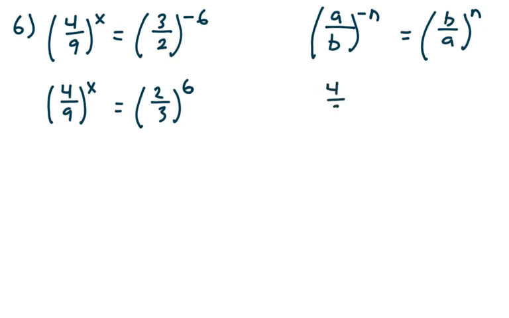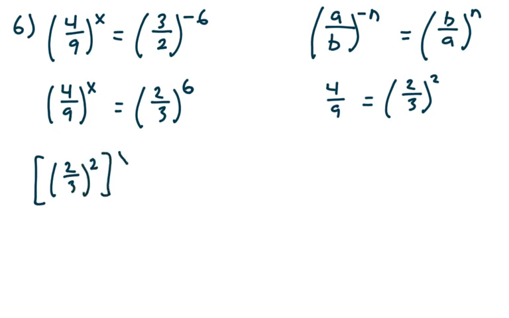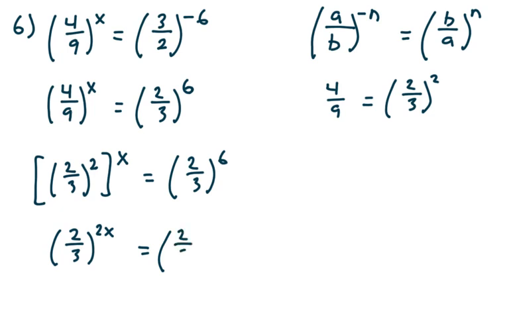Now, 4/9 is equal to 2/3 raised to the 2nd. So I'm going to get 2/3 raised to the 2nd to the x is equal to 2/3 raised to the 6th, which says 2/3 to the 2x is equal to 2/3 to the 6th.